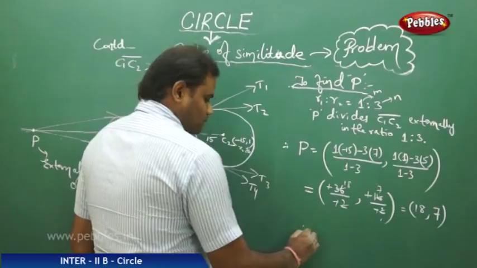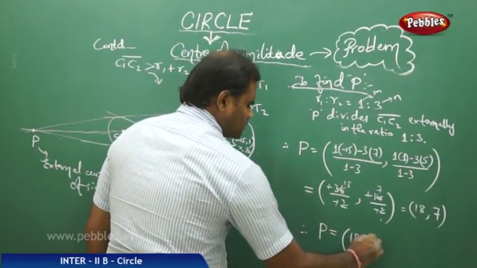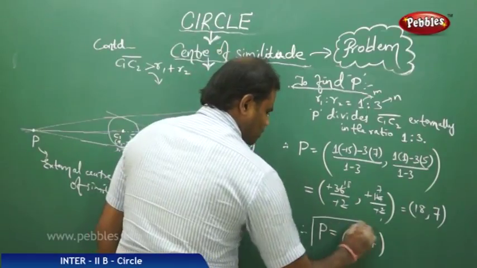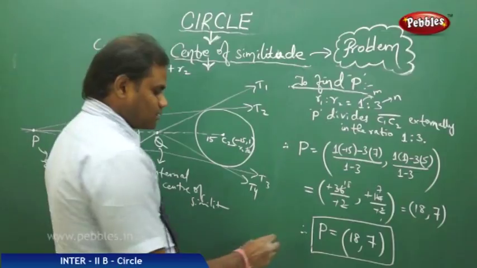Therefore, point P is (18, 7), which is called the external center of similitude.